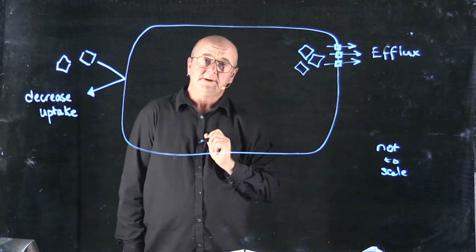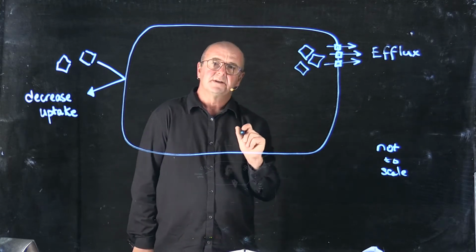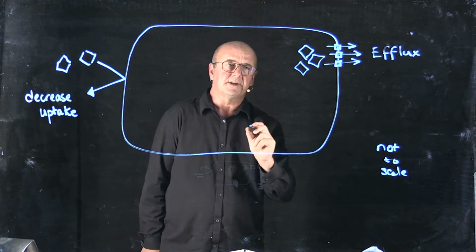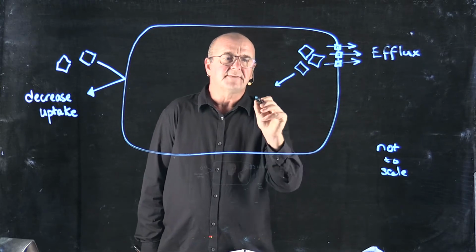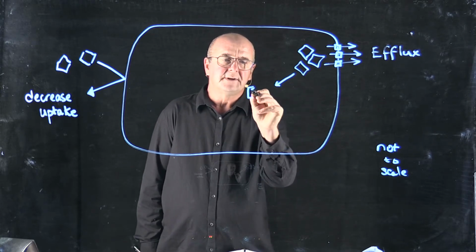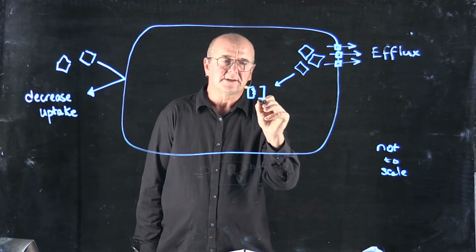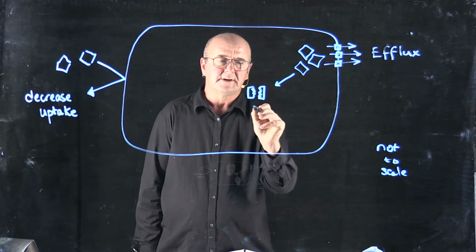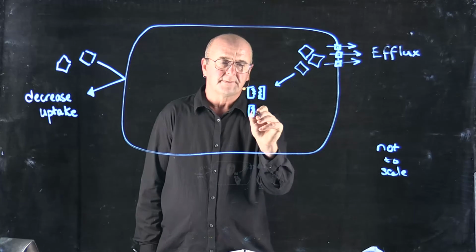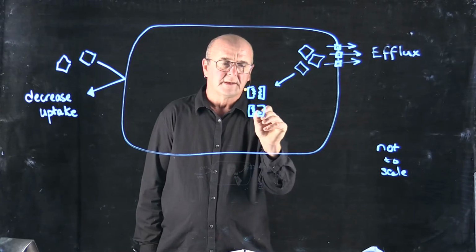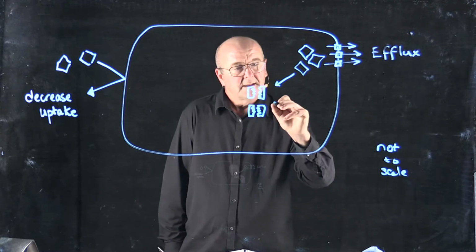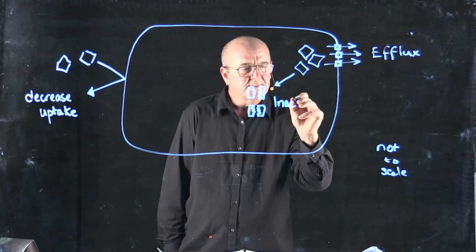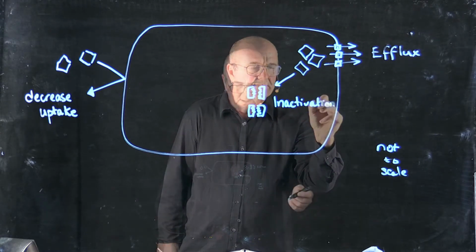Another mechanism that bacteria use to avoid antibiotics is if the antibiotic's in the cell, instead of getting rid of it, you can break it down into different parts, and so it's now no longer effective. Basically, what we're doing is we're inactivating.